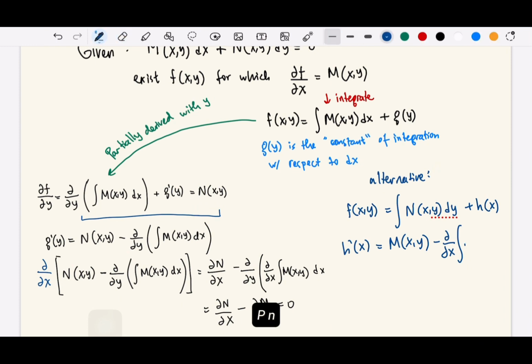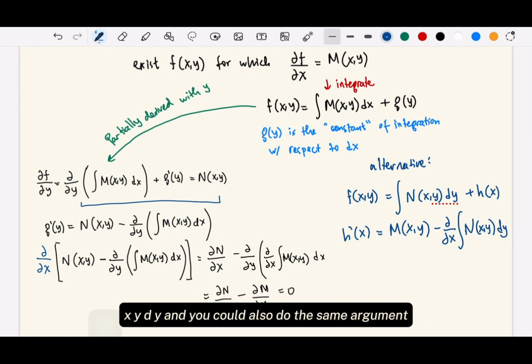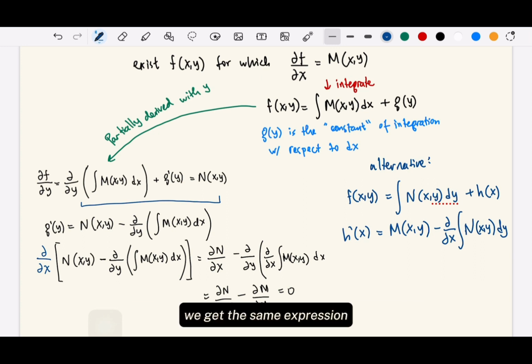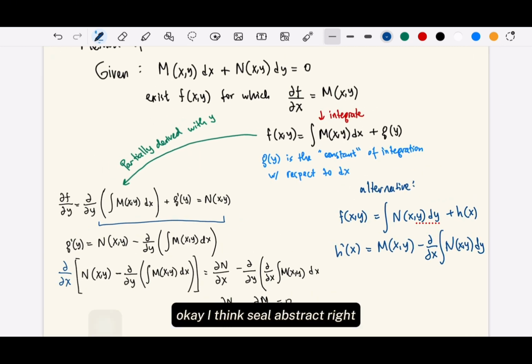Should be n x y dy. And then you could also do the same argument, and then we can make sure that if we derive again, we get the same expression. Okay, I think it's still abstract, right? So let's try some functions.